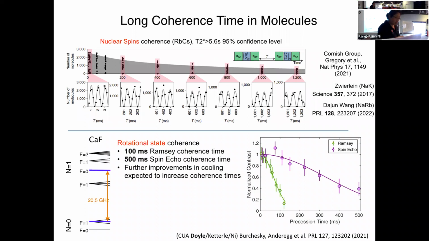The rotational degree of freedom has also been shown to be very good. Not as good yet, but I think Simon's going to tell us some new result, which is very exciting. In this demonstrated work with calcium fluoride, we can have coherence times on the order of 100 milliseconds. So both degrees of freedom can be very coherent, and that's what we like about molecules, and we just need to work to have that.